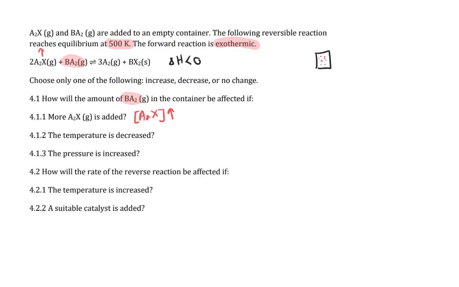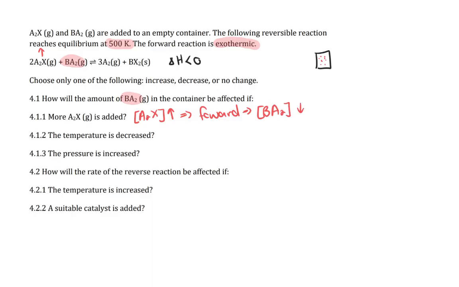We can either favor the forward or the reverse reaction. The only reaction in which this is used up is my forward reaction. So here my forward reaction is favored, and what that means is that these two are used up, so this one is also used up, which means that the concentration of my BA2 is going to decrease.